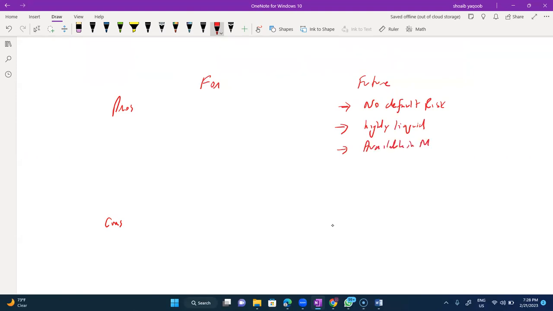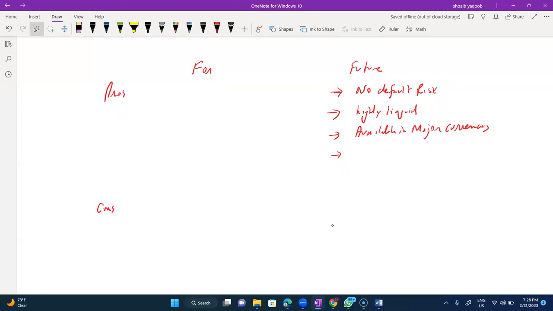Available in major currencies. No counterparty risk. What are the cons? You have to deposit the margin.